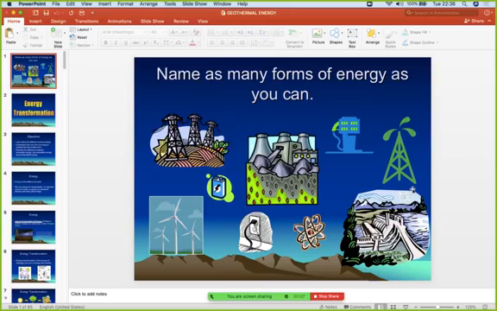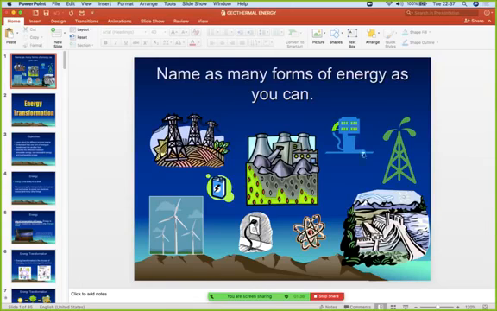Of course, we can see a transmission line or distribution line. We can have a battery, which can be a form of energy storage. We have this one, which can be a form of fuel, fossil fuels that are found beneath the surface of the soil.